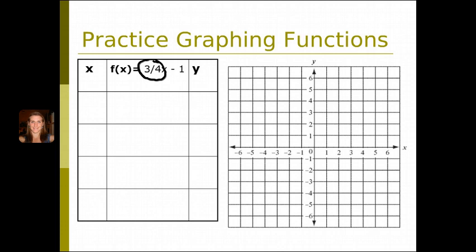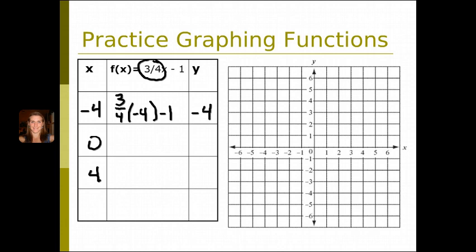So I'm going to use -4, 0, and +4. And I'm only going to choose 3 or else our graph would not fit on the screen. So we're going to say 3/4 times -4 minus 1, which gives us -4.